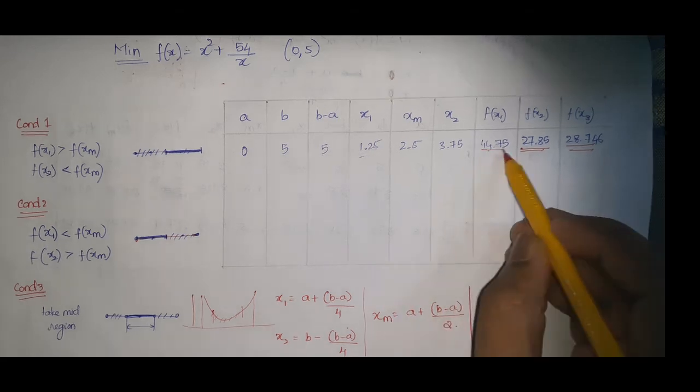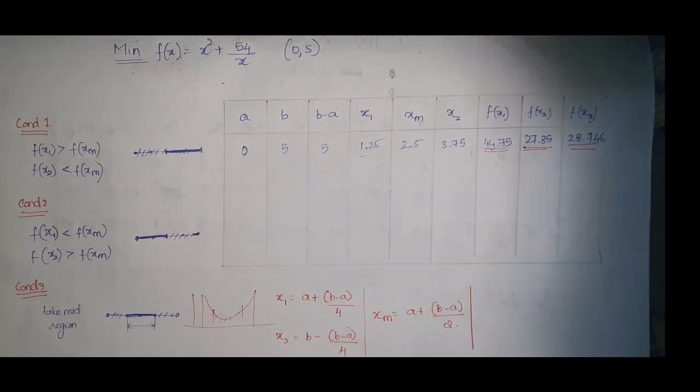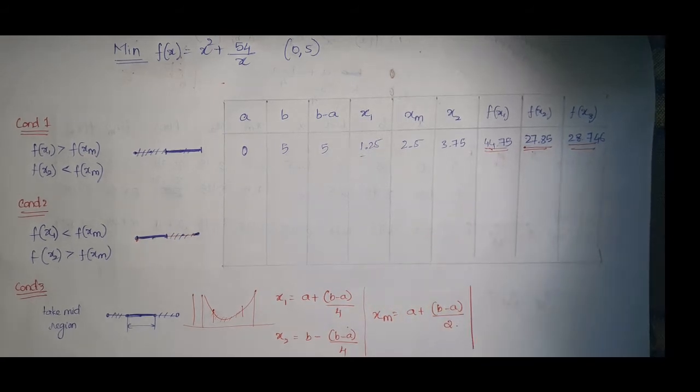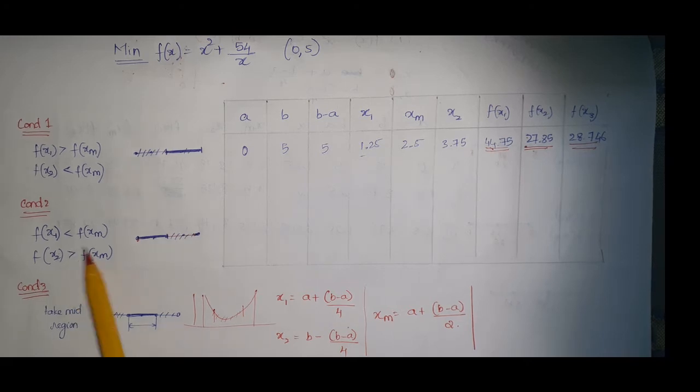We don't want our maximum points like 44.75 to be within the search space. We essentially want the points at which the function value is lower.